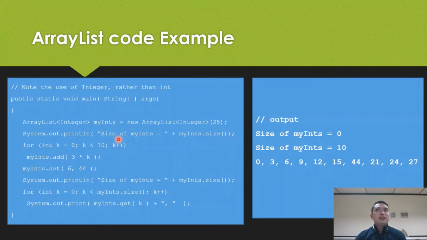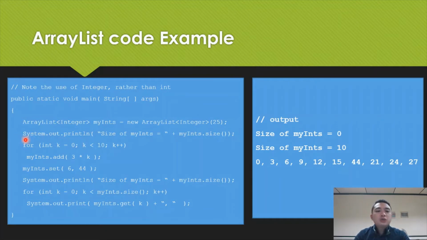But it doesn't mean that when we put integer in the base type, it can only accept integer. It can also accept values of different data types. As we discussed in our example earlier, this is how you declare and instantiate, and then we have an initial capacity of 25.